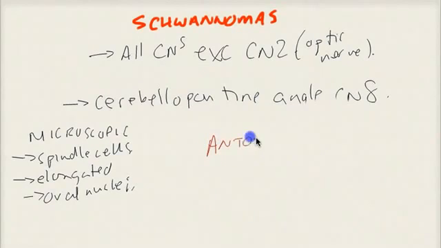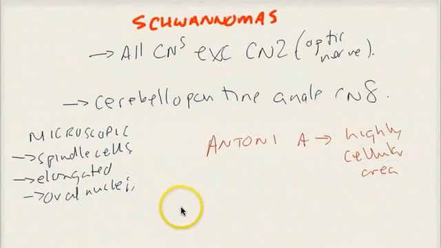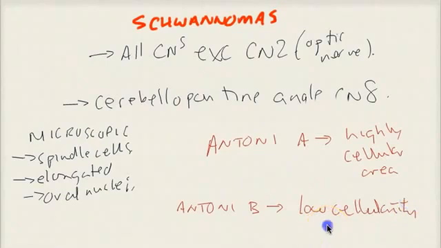Now, Antoni A is indicative of a highly cellular area. Antoni B, this is indicative of an area of low cellularity. Okay. Now, Antoni A areas form what we call palisading patterns.